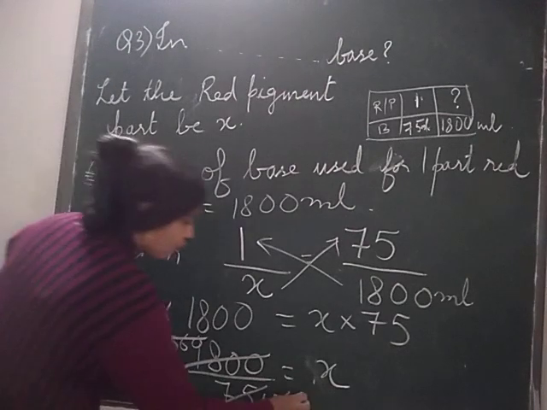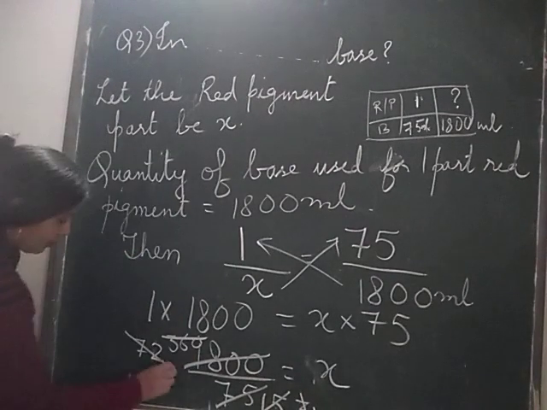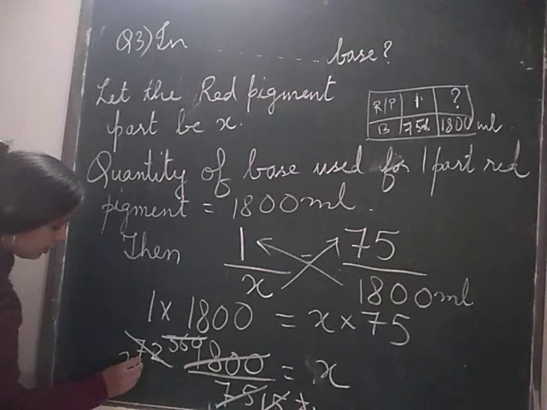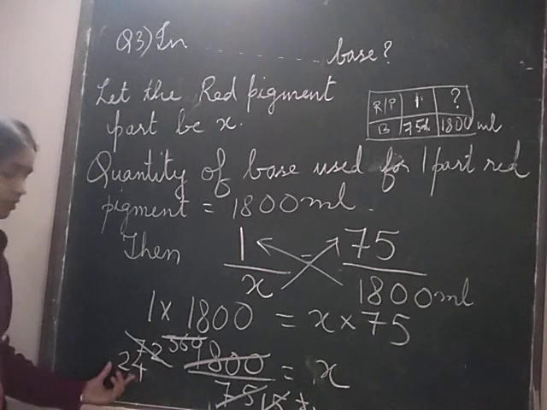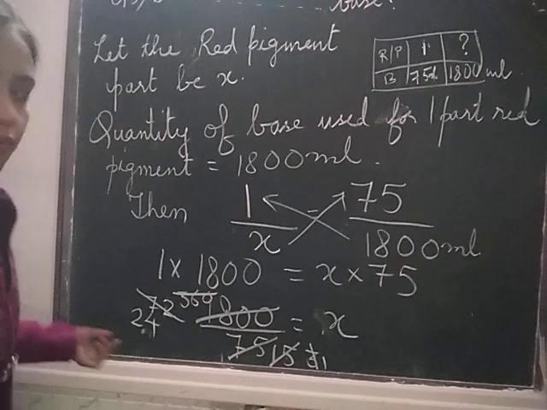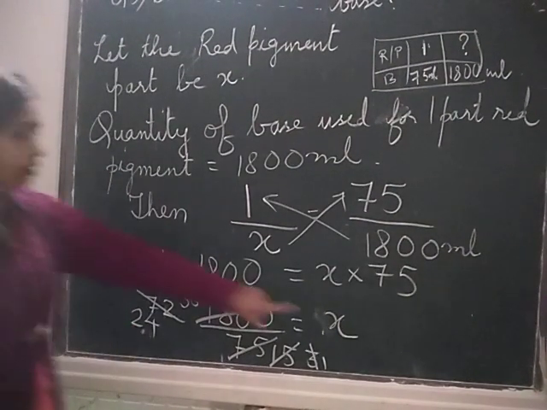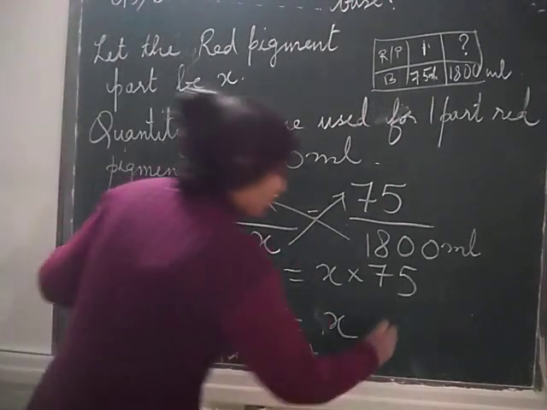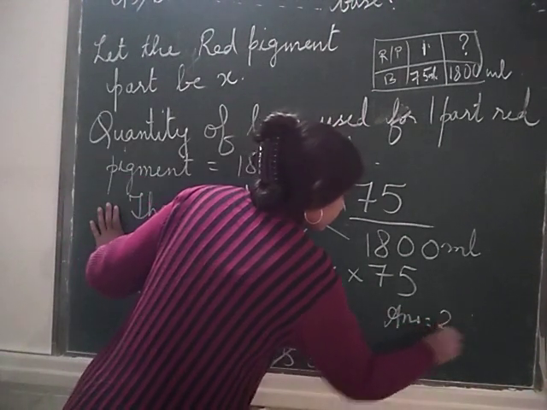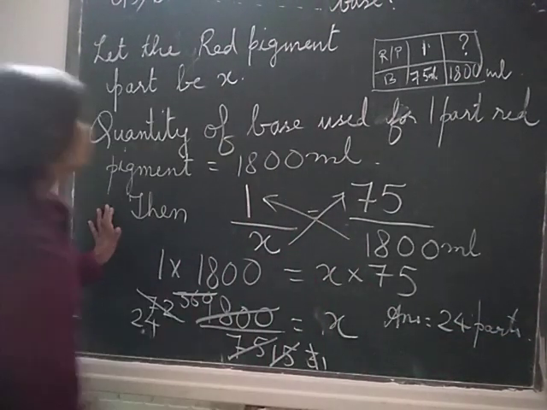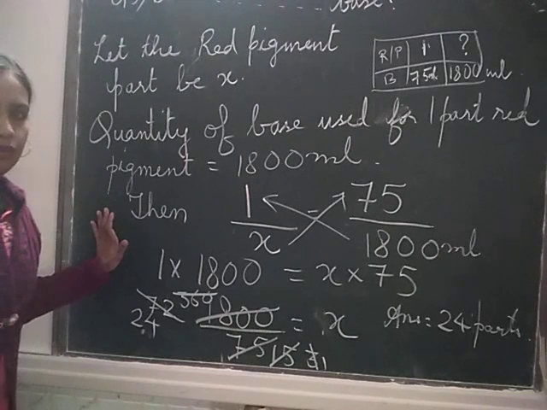Now 72 and 3 both will get cancelled. 3 1s are 3, 3 2s are 6, 3 4s are 12. So the answer is what, children? Answer is 24 parts. The value of X is 24. So the answer is 24 parts. So this completes your question number 3.